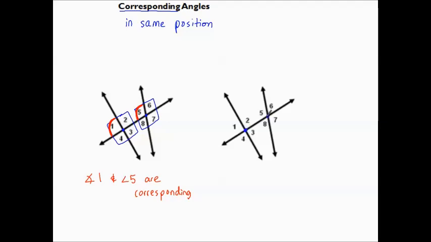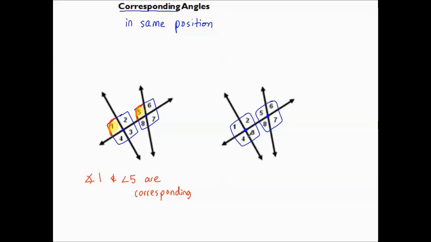Let's use another picture so that we don't confuse the pairs that we're choosing. Now, sometimes it's good to take a highlighter to notice the angles. Angle 1 is on the left side, angle 5 is on the left side. We don't even have to highlight that much, perhaps just the 1 and the 5, like that.